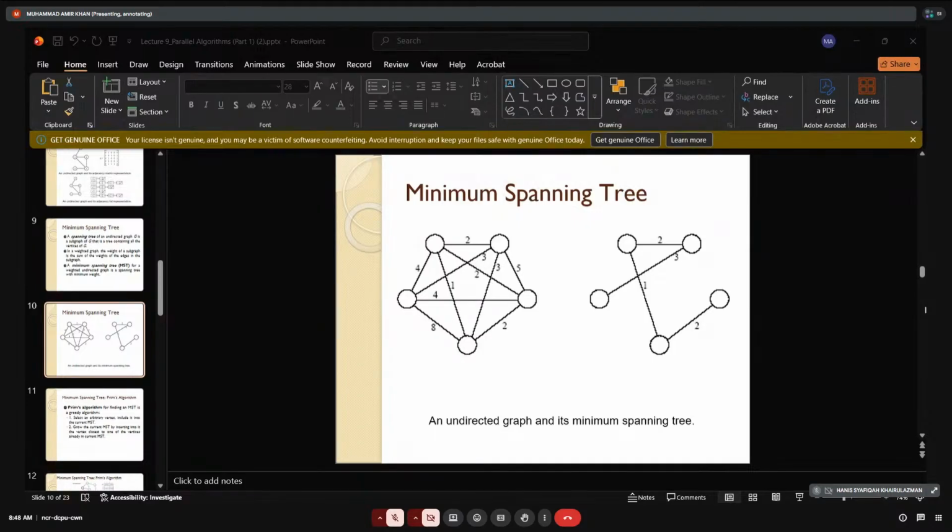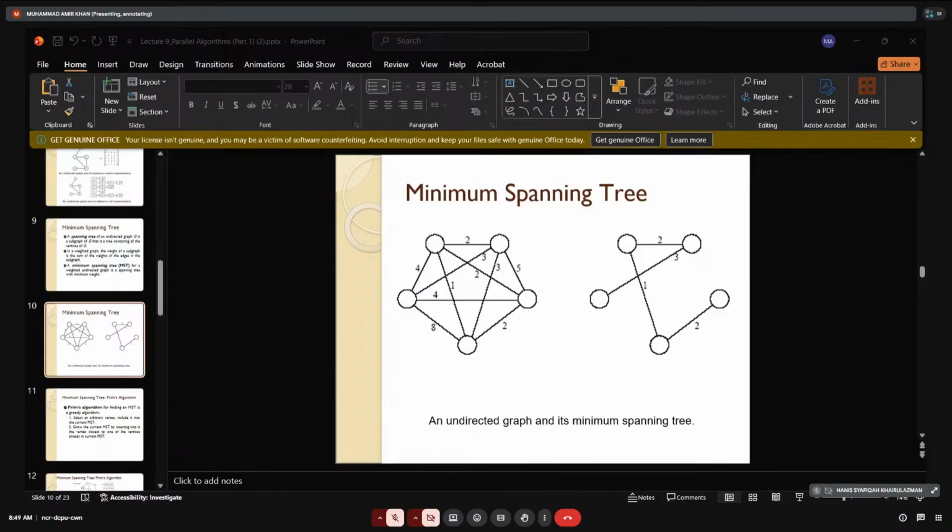Start from the shortest road, connect A to C, which is 2 miles. Then find the next shortest route, which is 5 miles, A to B. And we stop. Now every house is connected, A to C and A to B. So the total cost will be 7 miles.